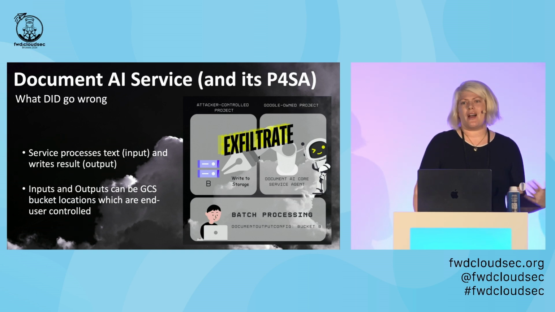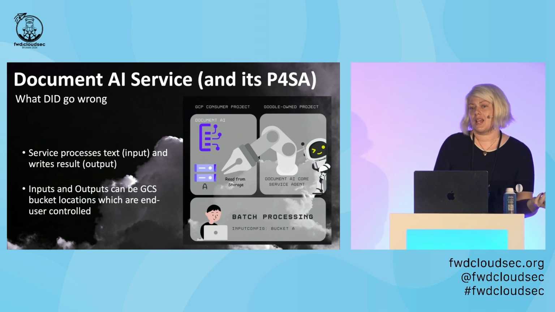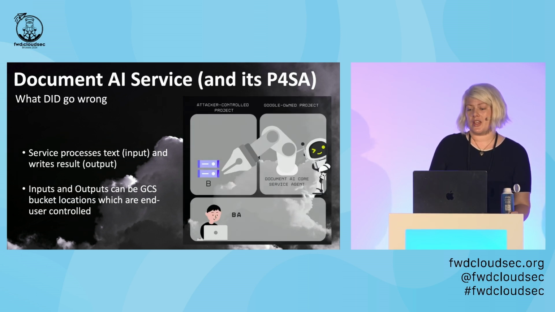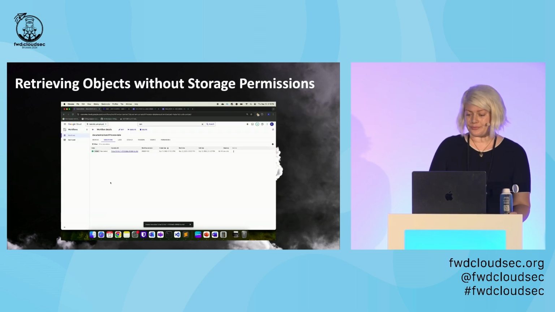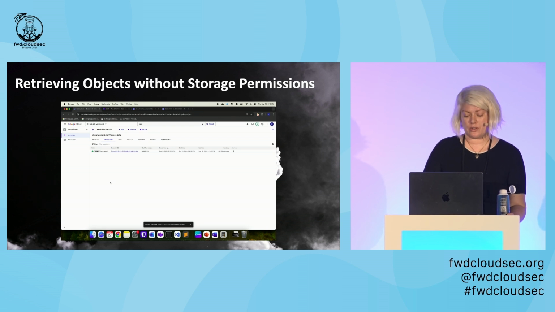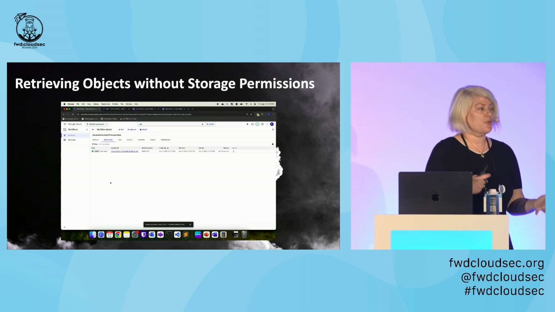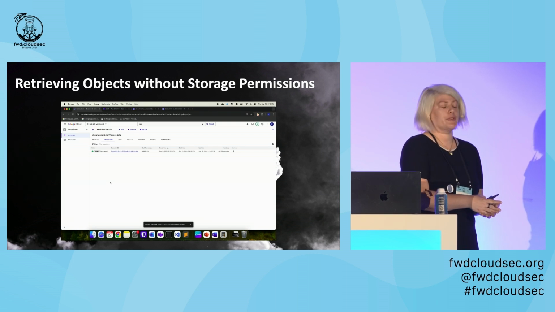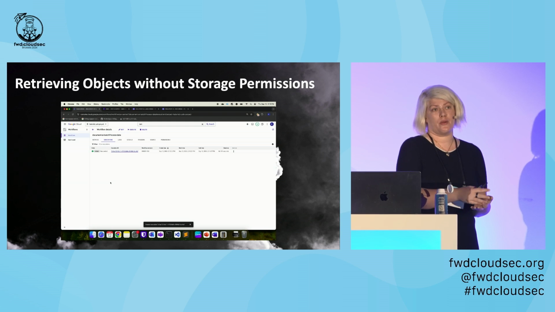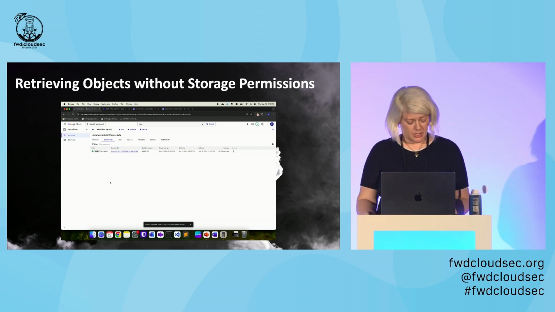So because of this little characteristic of the service, it creates this ability for somebody to leverage the service for evil. Let me switch over to the demo real quick, and I'm going to walk you through how to use the functionality of this service to move storage objects out of a project from one bucket to another. The demo is going to showcase it moving objects from one bucket to another in the same project, but there's no reason why you can't move it to another project.